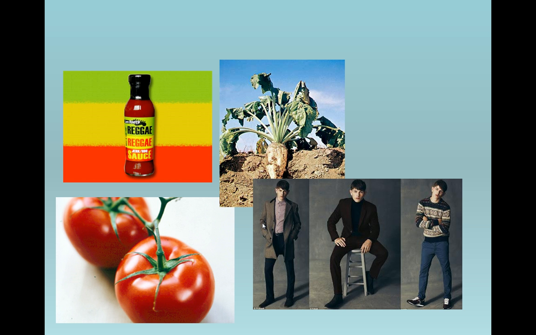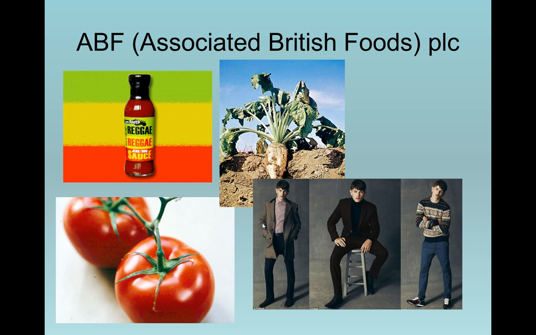What's the link between these four different product areas? Different markets, different products, different technologies, different market growth rates. They are in fact all owned by one company, ABF, Associated British Foods. A 13 billion turnover company, with operations in 50 countries, relatively prosperous, seeing good growth, and good return of dividends to its shareholders.